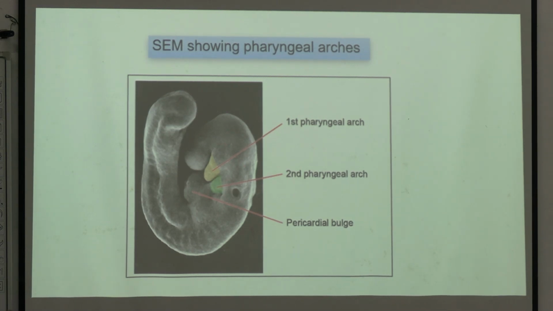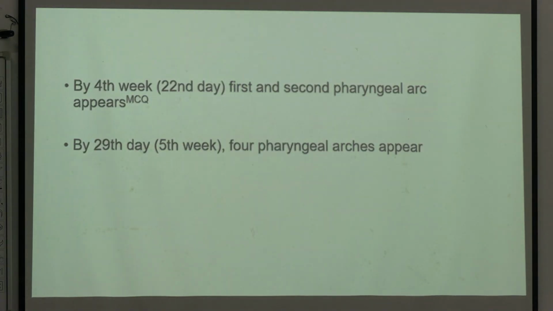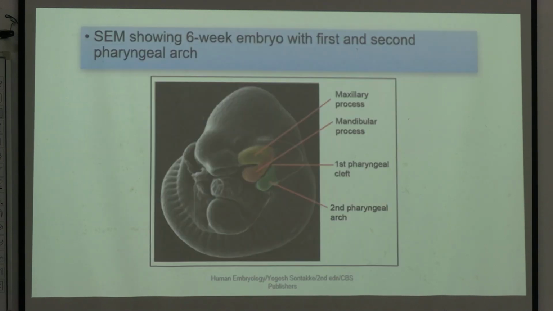Slowly the neck develops between this space. This starts around the 4th week and finishes by the 5th week. Within this one week we go from no pharyngeal bars to 5 pharyngeal bars by the end of the 5th week, and these bars eventually become the neck region.